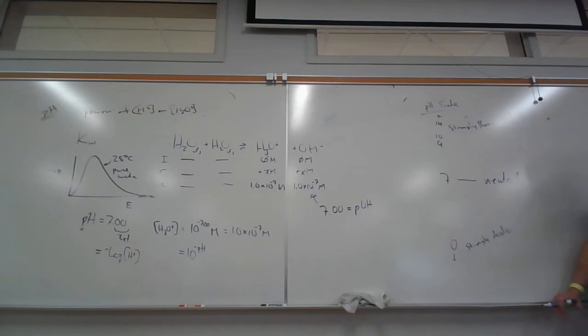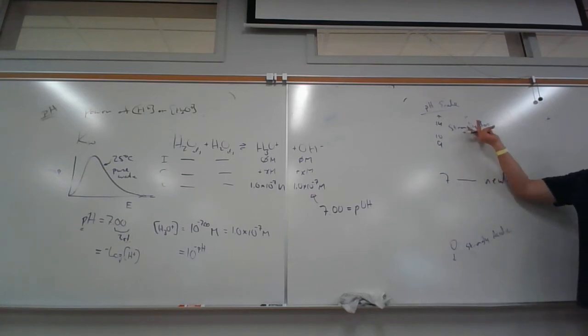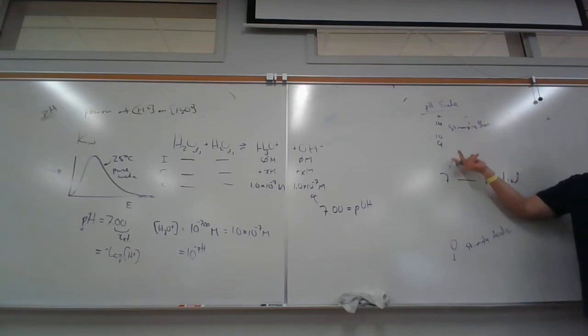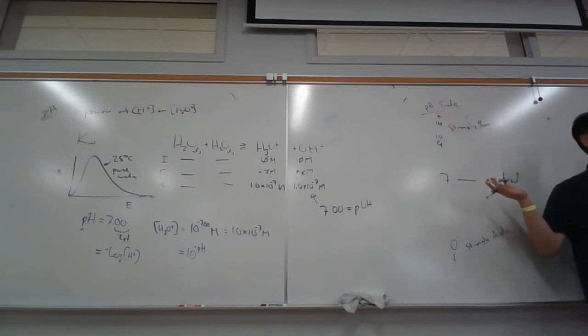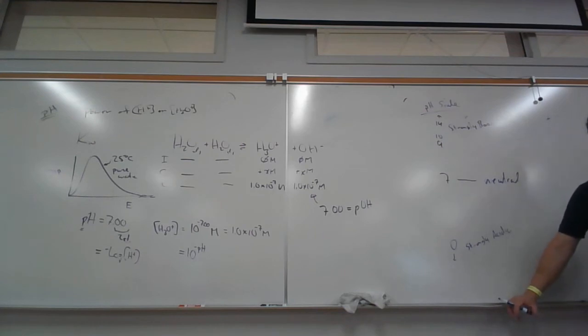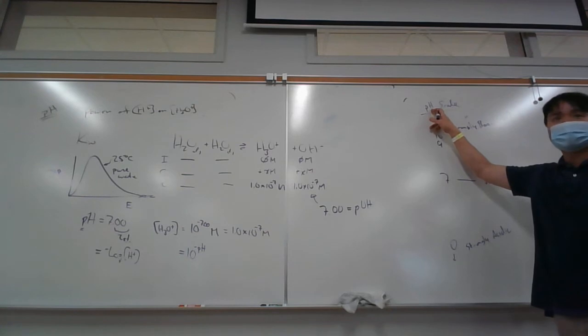Now, if I have a base, where's the hydrogen ion coming from? Let's say I have a strong base solution, like sodium hydroxide. Where am I getting the hydrogen ion from? pH is the power of the acid.